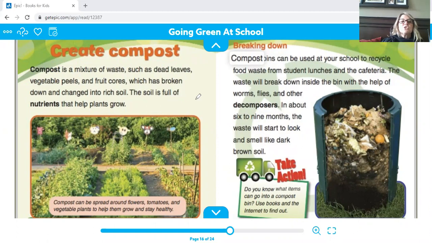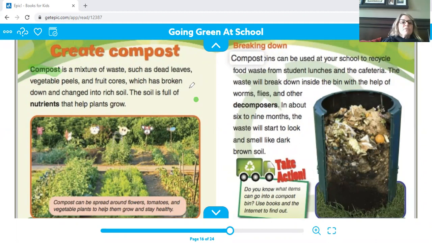Compost is a mixture of waste, such as dead leaves, vegetable peels, and fruit cores, which is broken down and changed into rich soil. I look at that word compost, and if I didn't know what that meant, right here, it's a bold print word, I know that I can use one of the old strategies that we used before.